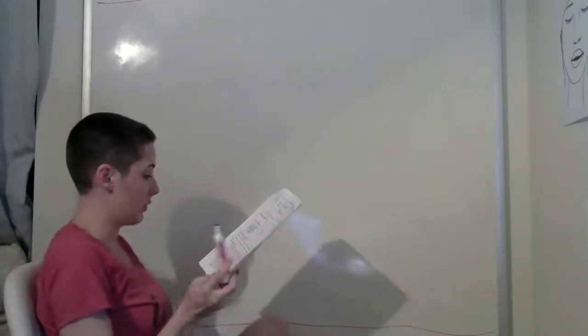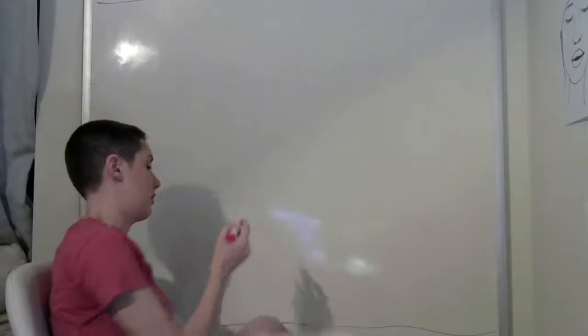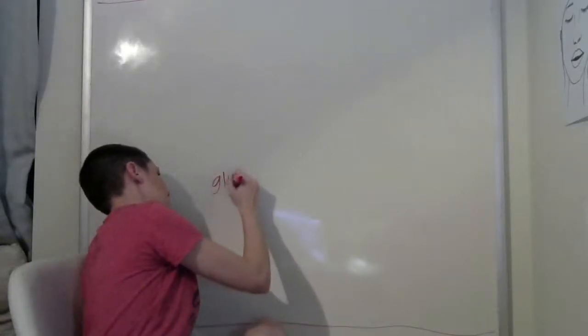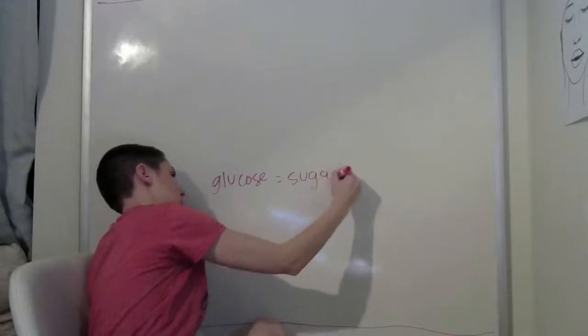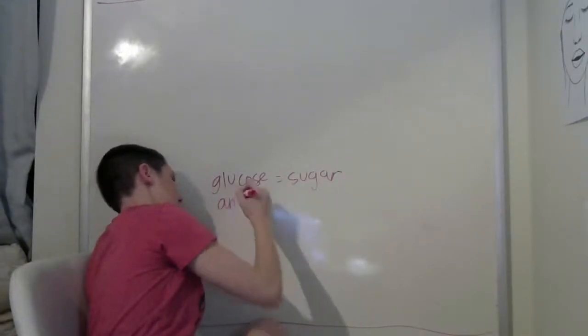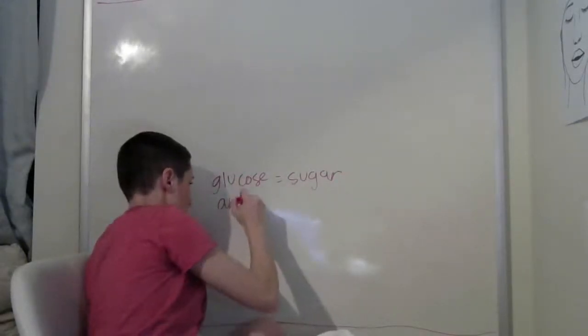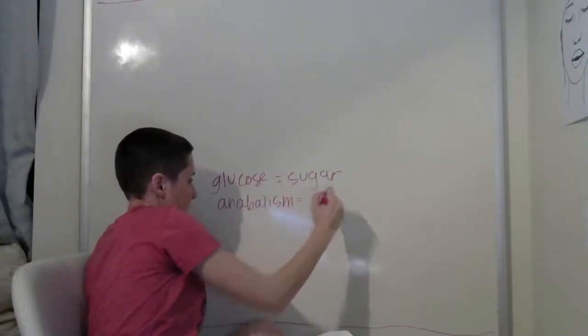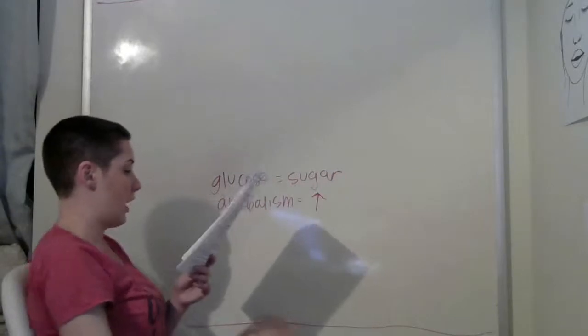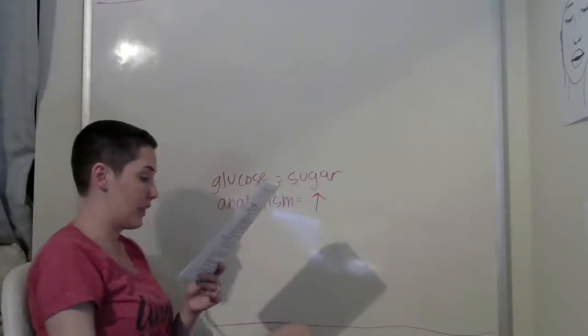All right. Glucose anabolism. So we know glucose is sugar. And anabolism is building something up. All right, so glucose anabolism is called glycogenesis.